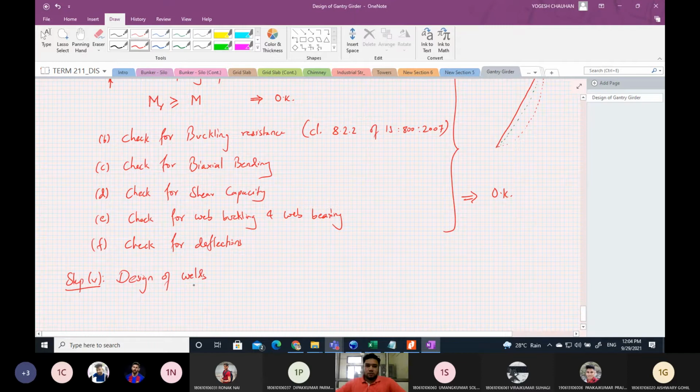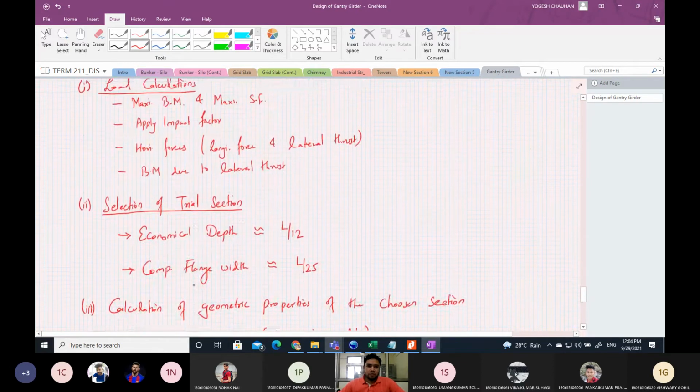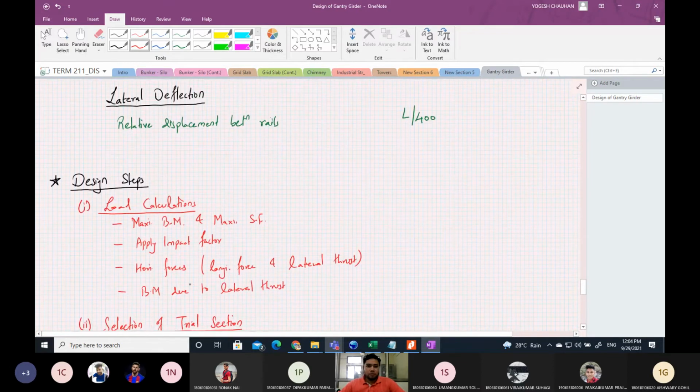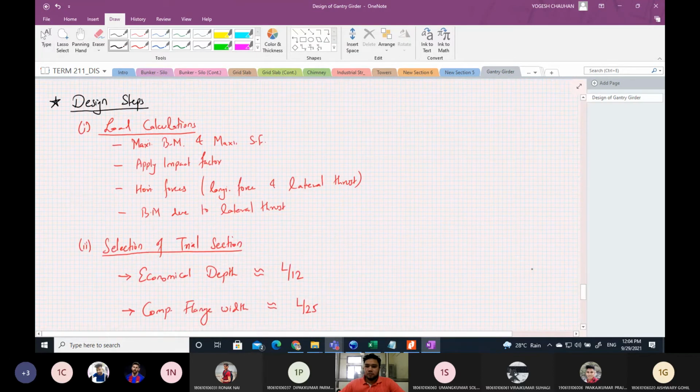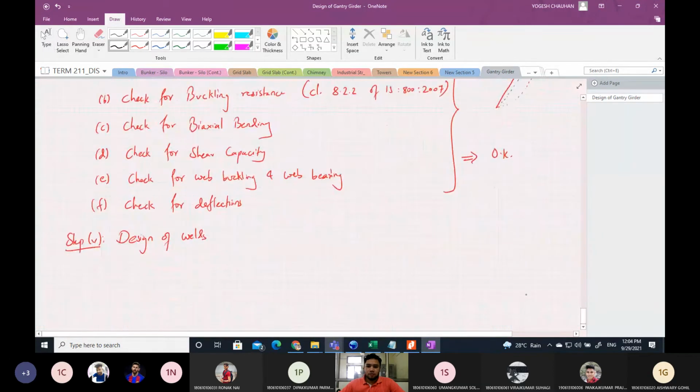Okay. So we understand this procedure by taking an example. So let us take an example to understand the design of gantry girder.